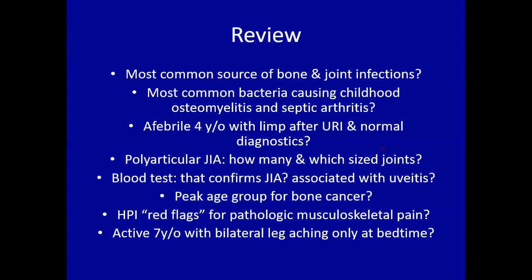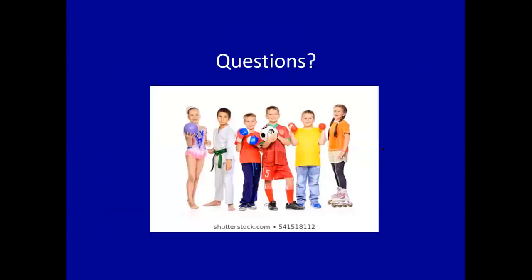Blood test that confirms juvenile idiopathic arthritis. What if it's associated with uveitis? Peak age for bone cancer. What are some HPI red flags for pathologic musculoskeletal pain? And last but not least, an active 7-year-old with bilateral leg aching only at bedtime.